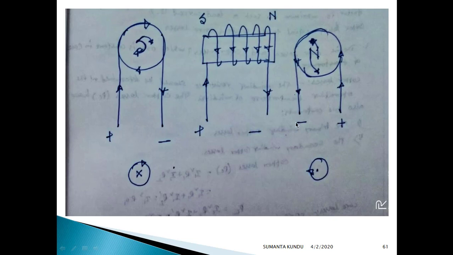So current is out from here, so this is minus, this is plus, whereas current is going inside, so this is plus, so minus. So this is cross and this is dot. So when the current is downward, a north pole is produced, and when the current is upward, that is going inside, then a south pole is produced, right?